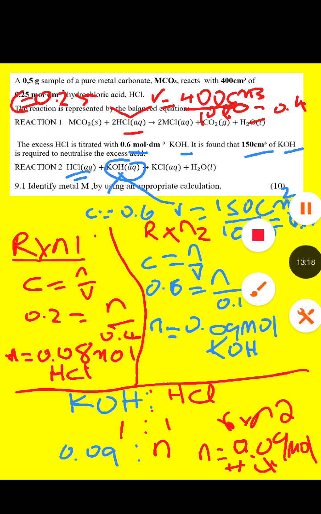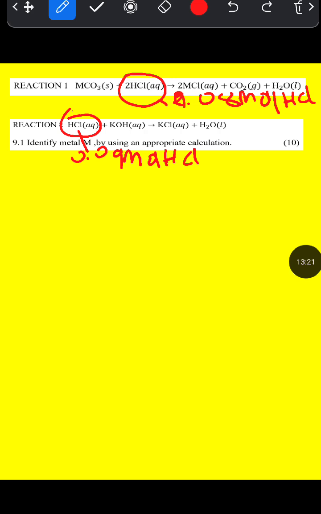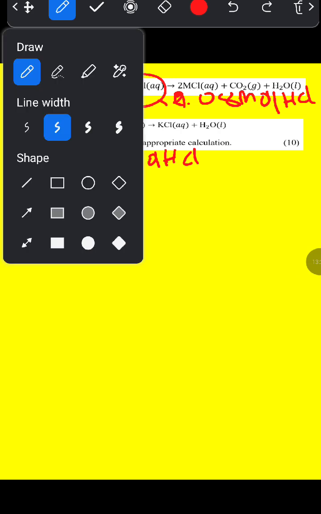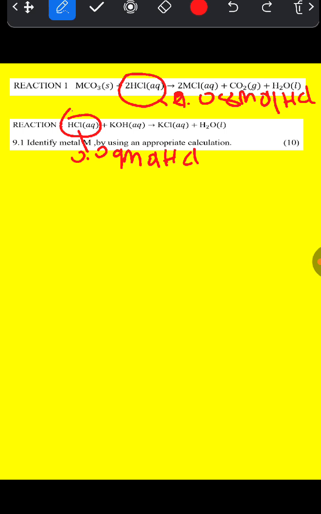Now let's look. Right. So this is what I got in summary. I got the number of moles of HCl in the first reaction, the number of moles of HCl in the second reaction. Now, what do you do with these two number of moles? I'm going to subtract them. So can you see that HCl has got two number of moles.